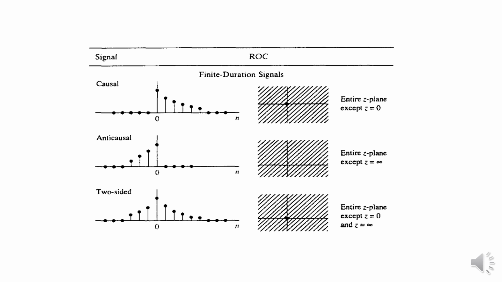Here the shaded area is the z plane, with the real axis and the imaginary axis. The ROC will be the entire z plane except z equals 0. Therefore z equals 0 is omitted when we are marking the region of convergence.